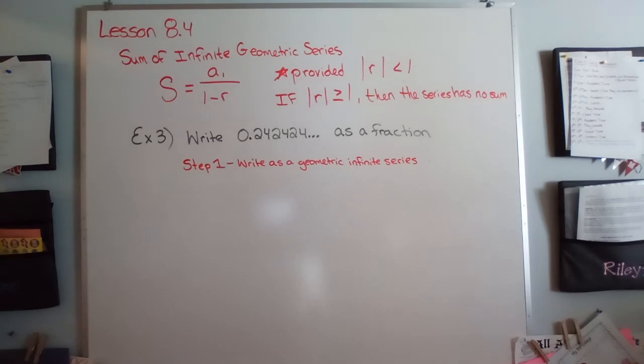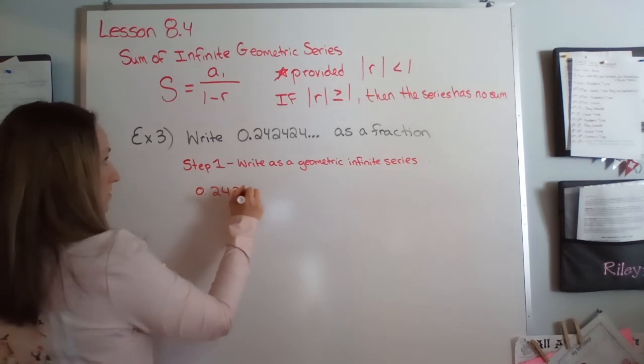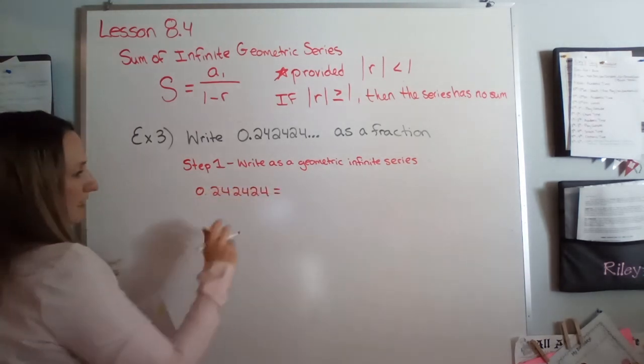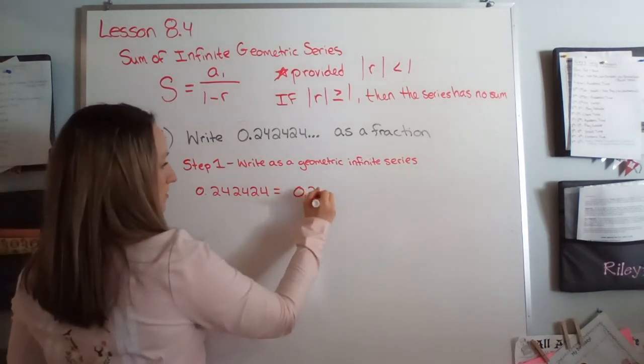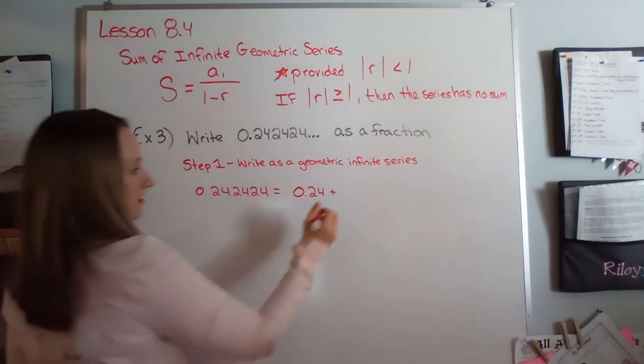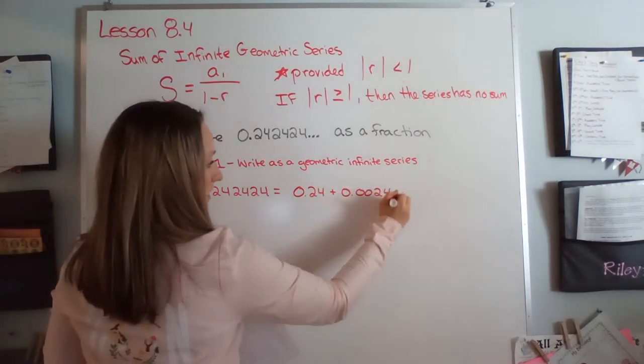So think of it this way. Couldn't you rewrite 0.242424... as 0.24 and adding to that 0.0024? Look at that for a second.